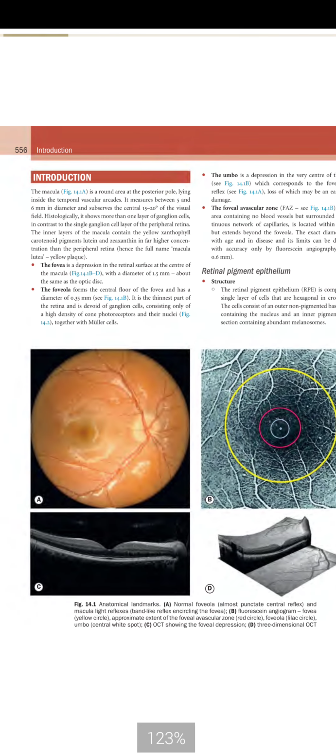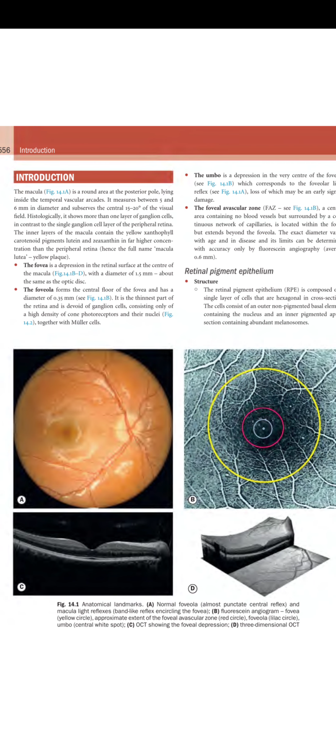So these are the figures. A shows normal anatomical landmarks: a normal foveola with an almost punctate central reflex, and a macular light reflex, a band-like reflex encircling the fovea. This is a fluorescein angiogram. The fovea is the yellow circle, the approximate extent of the foveal avascular zone is the red circle, and the foveola is the lilac circle.